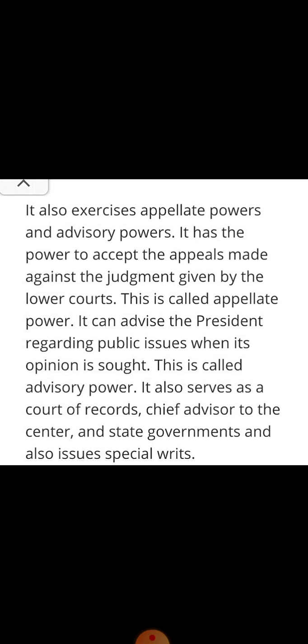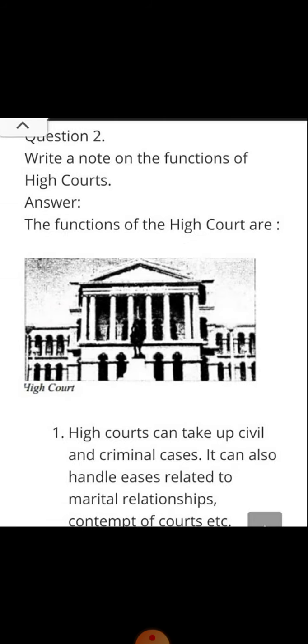So this is called advisory power. Okay children, it also serves as a court of record, chief advisor to the center and state governments and all issues, especially about the rates. Okay, so these are some important powers of the Supreme Court. Okay, we will move next.